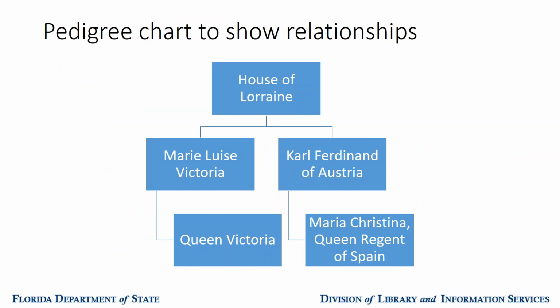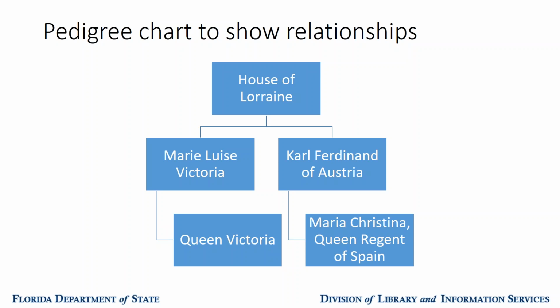From our timeline earlier, we saw that Queen Victoria's reign happened to connect with the Spanish-American War. Well, here is a pedigree chart where we get to see where Queen Victoria, even though she is not part of the Spanish royalty, is still related to the event.